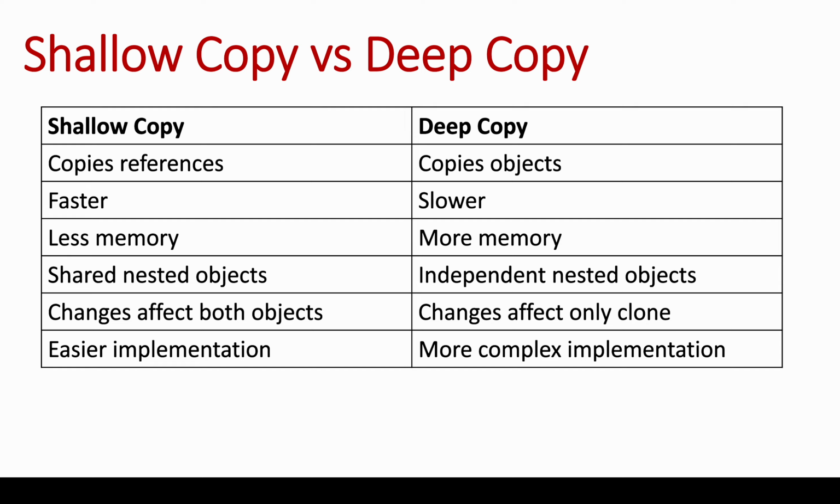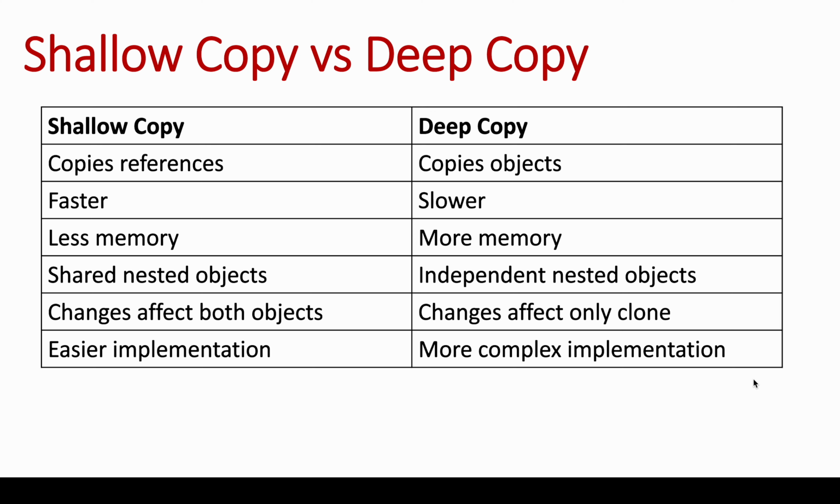Now suppose you are working in Java, and there could be a scenario where you are shallow copying and deep copying. If two objects share the same reference and you make a change in any one of the objects, it will be reflected on both.